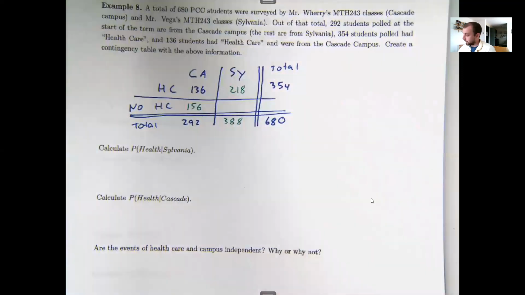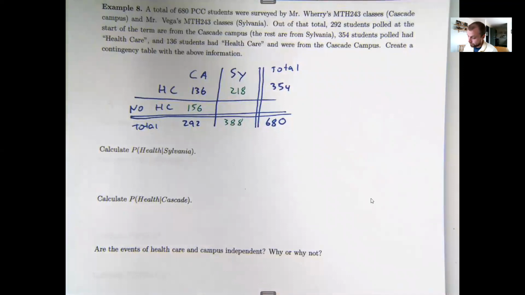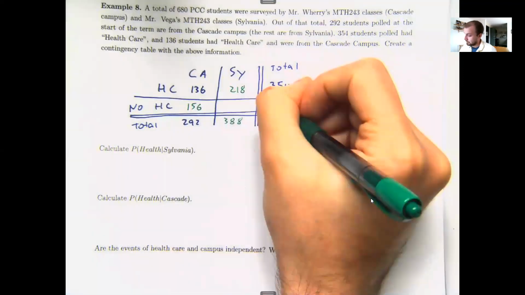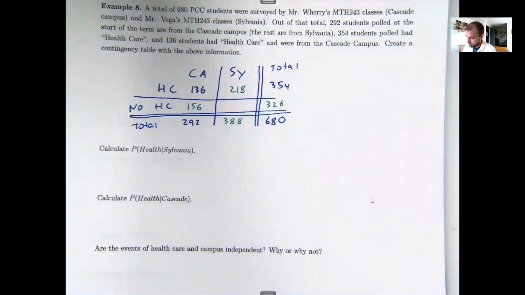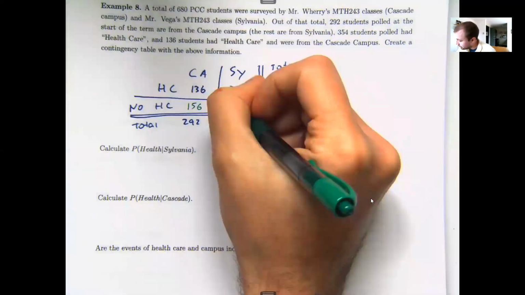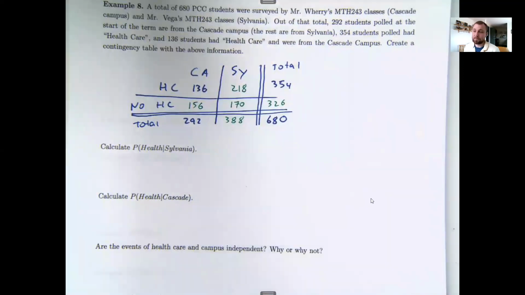Let's find this number. I have 680, take away 354, I have 326. And finally, this number. I have 388, take away 218, that gives me 170. Quick check, 156 plus 170 gives me 326. This is looking pretty good.